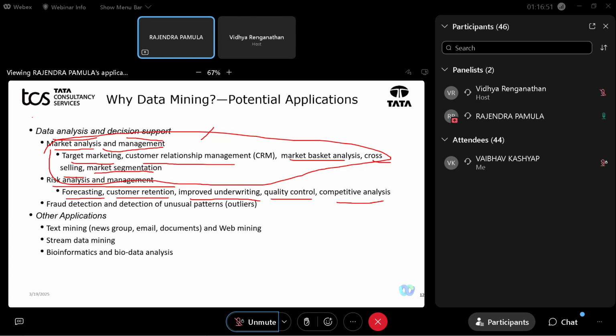We can have it in multiple areas. So I'll ask you a question: what is underwriting here?